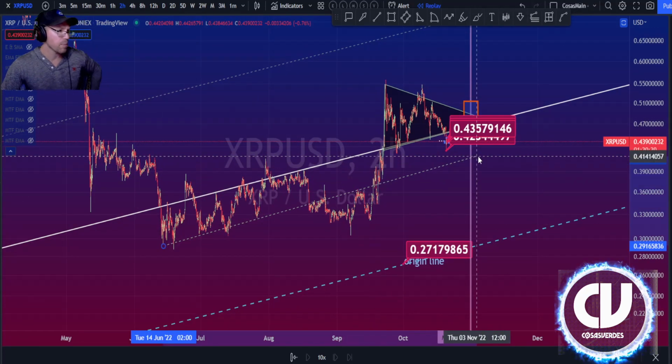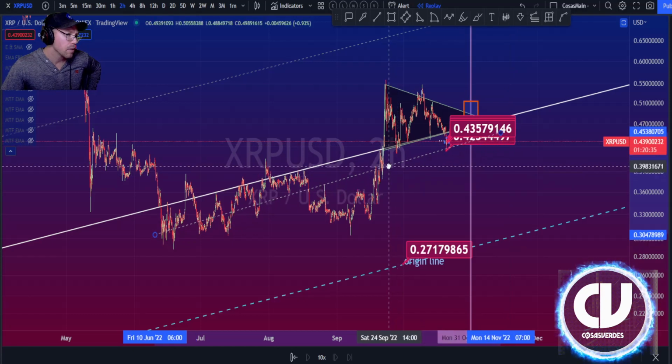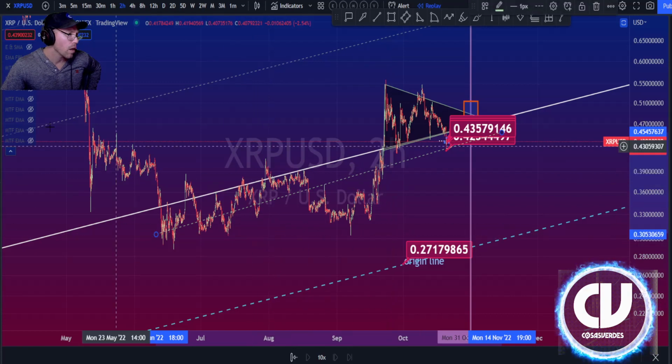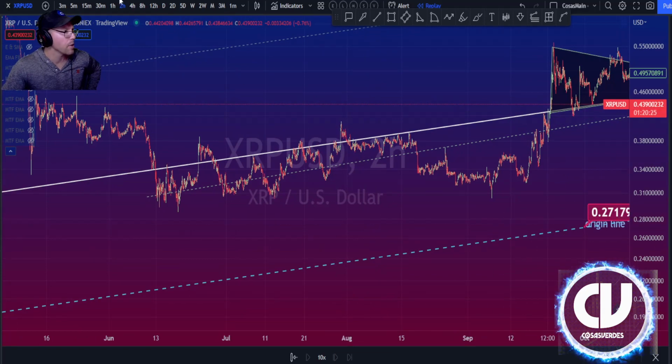Trying to show you something that would align about the same. All right, so the wick, let me zoom in. I'm on the, let me go to the 1 hour chart.